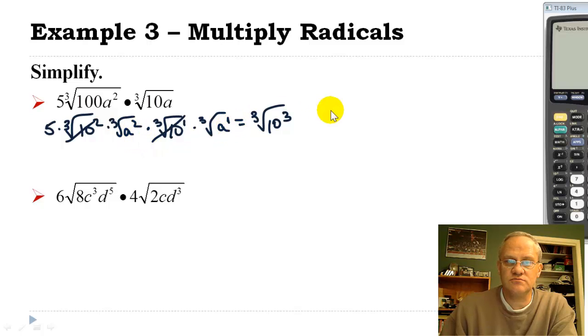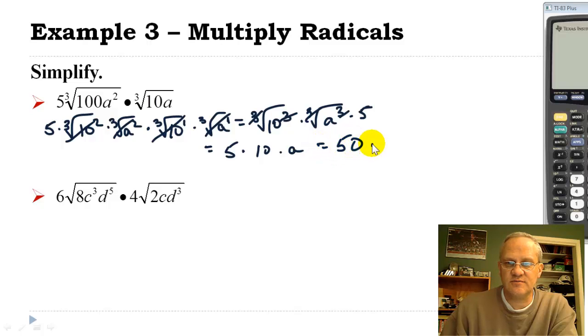Oh, well, that's going to give you the cubed root of a to the third. Interestingly enough, that is also going to work out evenly. And then the one thing here, don't forget about your little 5 sitting out at the front, so we also have times 5. And so what we're going to end up with at the end here is 5 times 10 times a. This gave you the 10 here because these canceled and give you the a. And 5 times 10 times a is 50a.